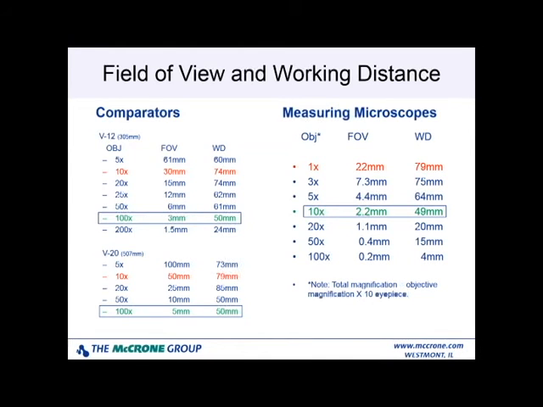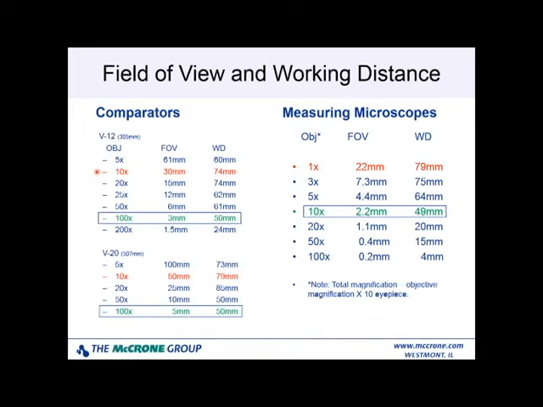I'd like to talk a little bit about field of view and how the comparator screen size affects the field of view that you have and how it compares to measuring microscopes. Let's take a 10x magnification, for example. On comparators, the magnification of the objective is the total magnification of the system.